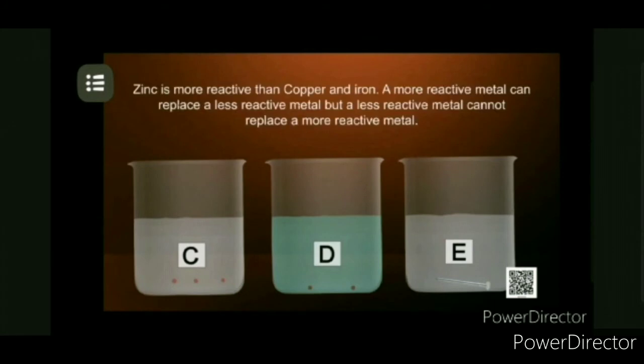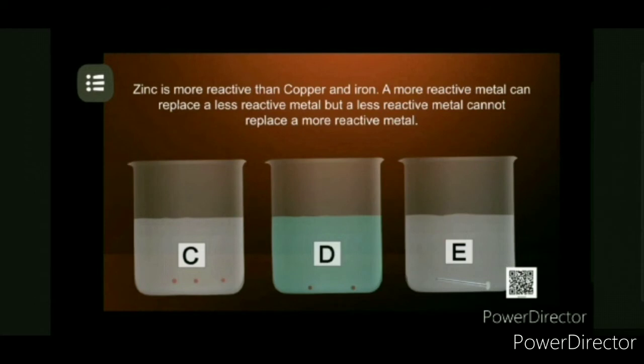A more reactive metal can replace a less reactive metal, but a less reactive metal cannot replace a more reactive metal. That is why copper and iron cannot replace zinc from its salt solution.